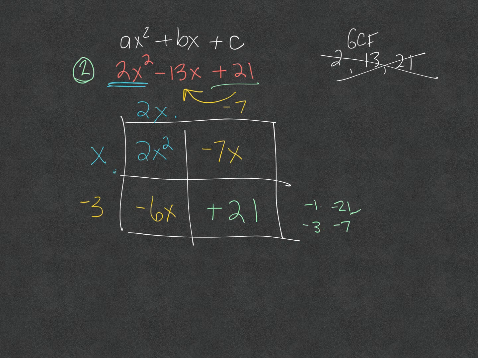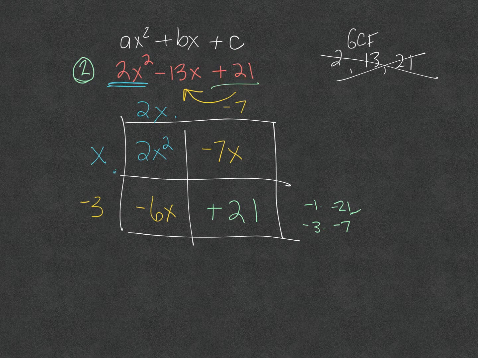And then what I noticed is that I was lucky and hit it first time, and that negative 6x and negative 7x will combine to make that negative 13x. So when I look here, I have a 2x squared, which matches my 2x squared. I have a negative 13x, which matches that middle term, and then a positive 21, which is right there.